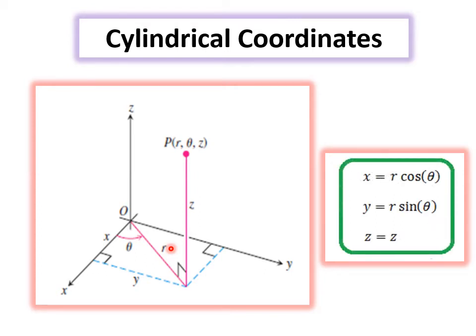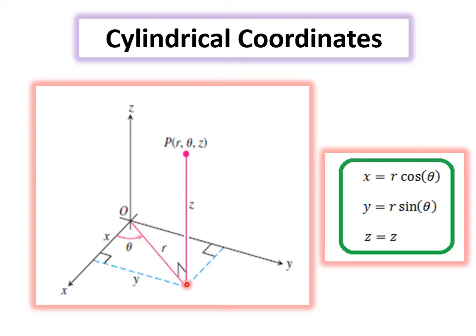Now the transformation is x equal to r cos theta, y equal to r sin theta and z equal to z. Why here z equal to z is we moved r units along the x-axis and tilted the x-axis theta units. Now we are here.